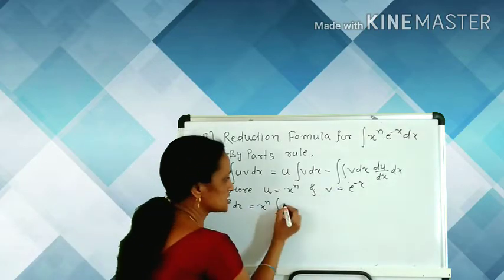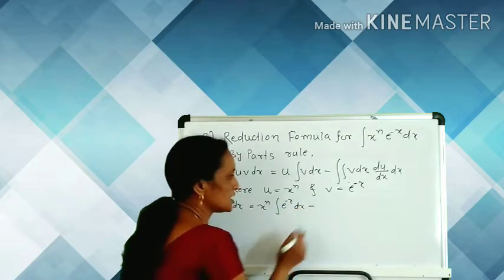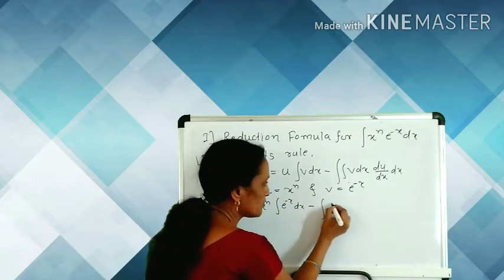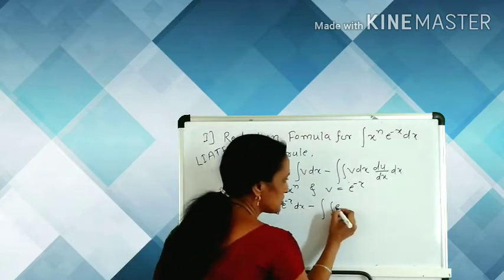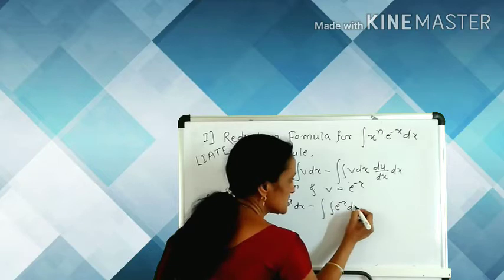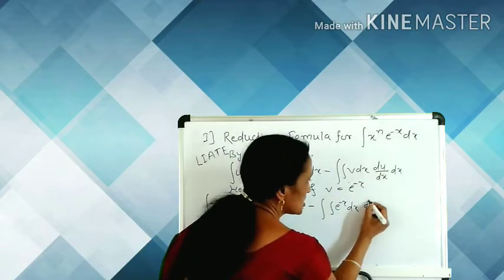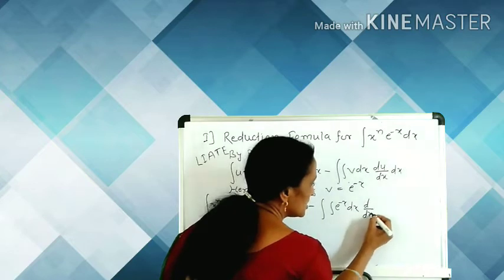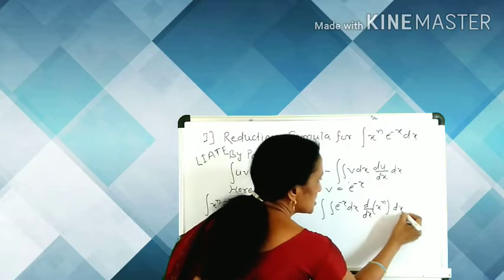Your second function is e raised to the minus x multiplied by dx, minus integration of the second function, and integration of second function means integration of e raised to minus x dx, and the derivative of first function, means d by dx of your first function, and your first function is x raised to the n.